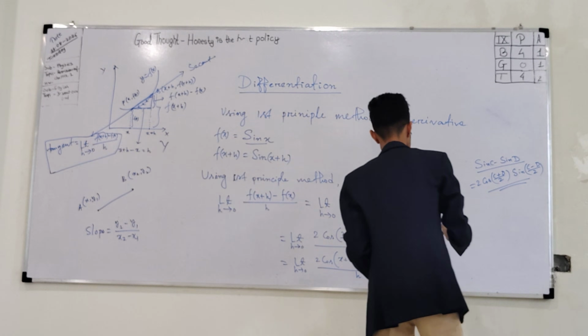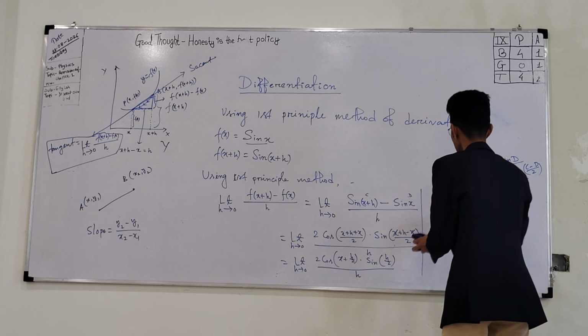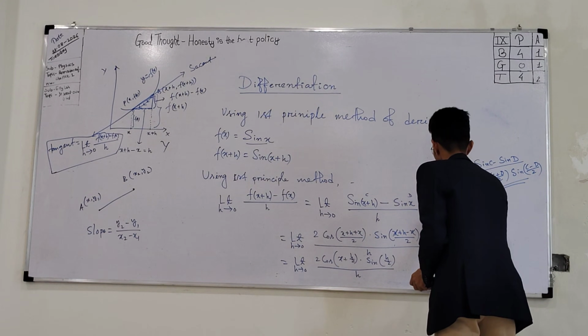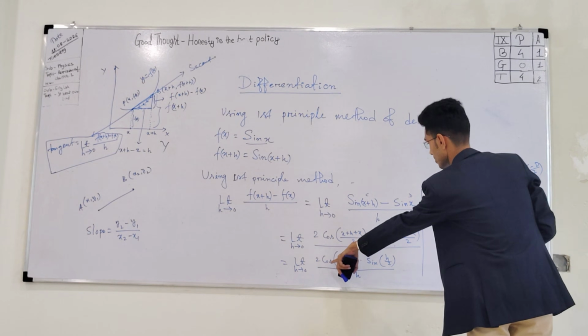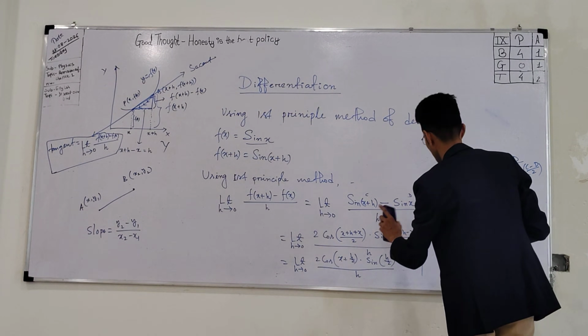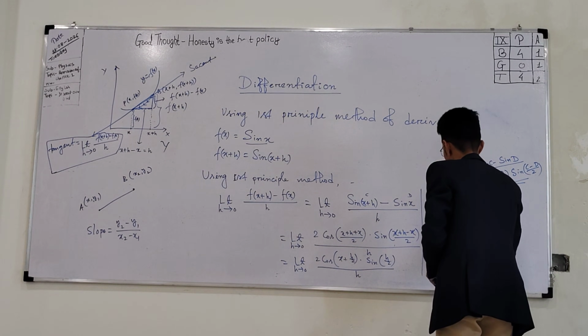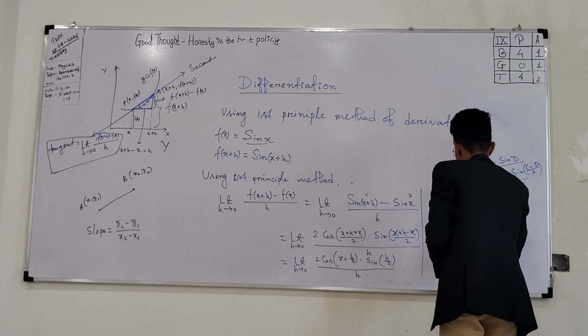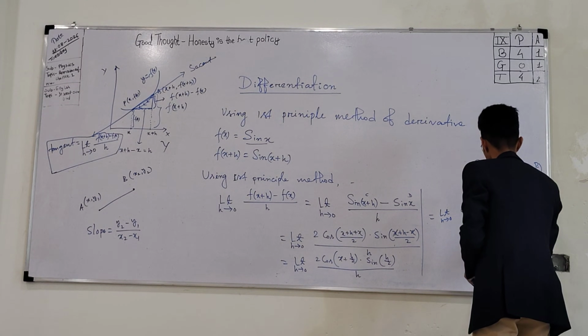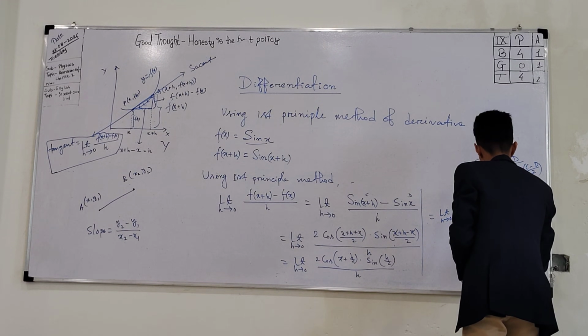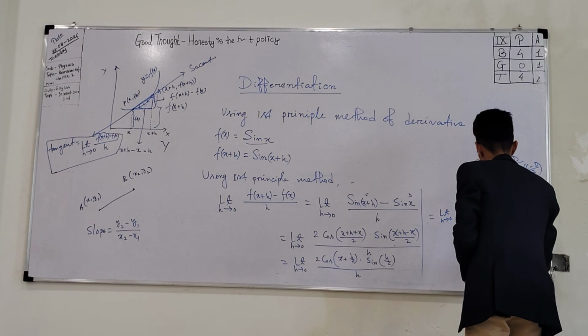Now the next line: limit h tends to 0, the 2 we write there, that means cos of x plus h by 2 into sin of h by 2 divided by h by 2.